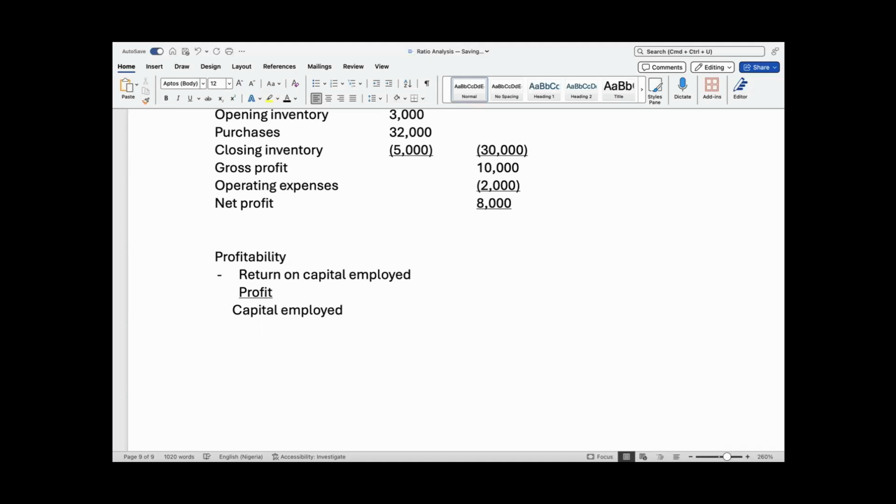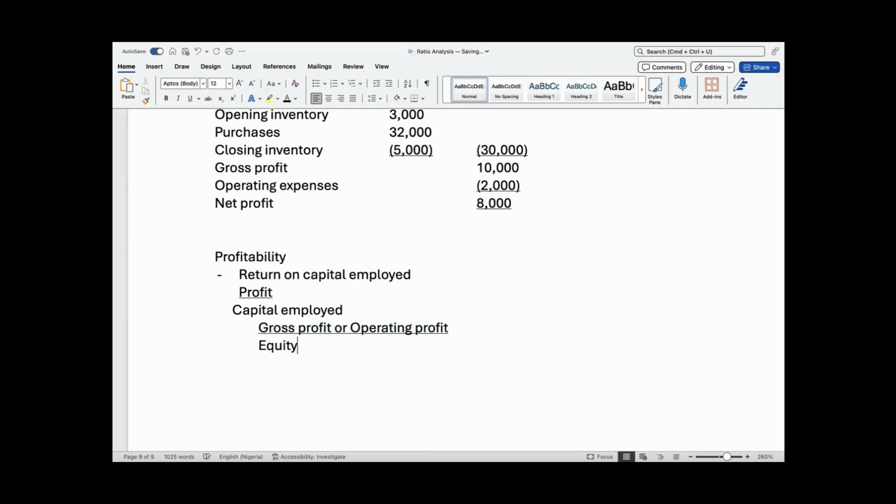But for profits, you can use gross profits as you have seen. They can use net profit as you have seen. They can use any of those profits. So if you are using gross profits or you're using operating profits, which is PBIT, on no account should you make your capital employed just equity alone. You'll be wrong.